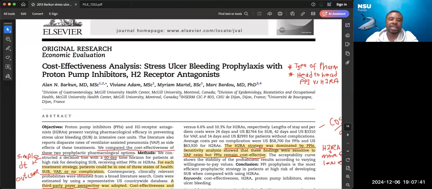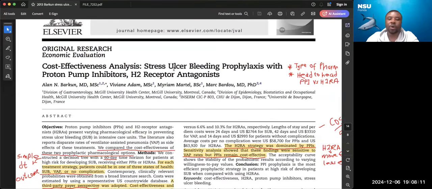This article did the topic very well because it mentioned what is being compared, PPIs and then the H2 arrays, a head-to-head comparison. And it also mentioned the type of pharmacoeconomic study, which was cost-effectiveness analysis.